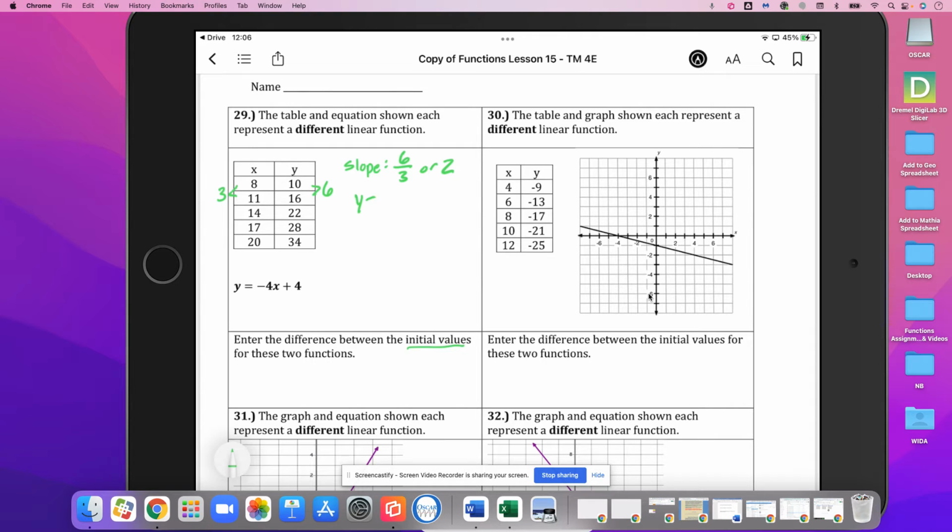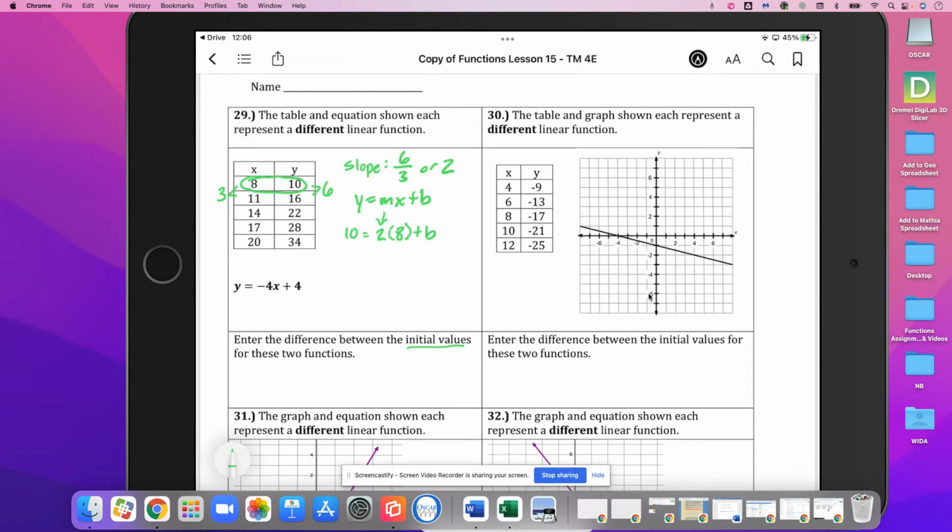And so we could say y equals mx plus b. Our rate of change is going to be 2. And I can pick any pair of numbers to put in for my x and my y. I will use 8 and 10. So my y value is going to be 10. My x value is going to be 8.